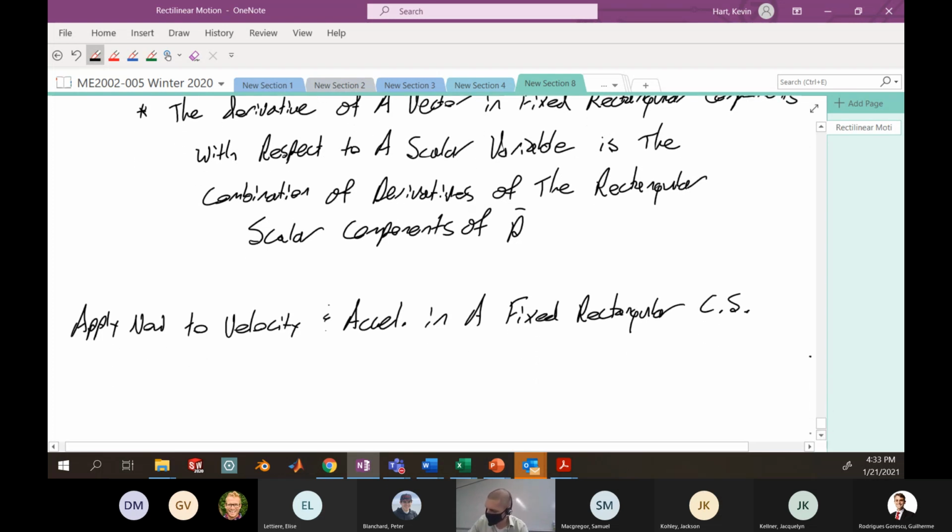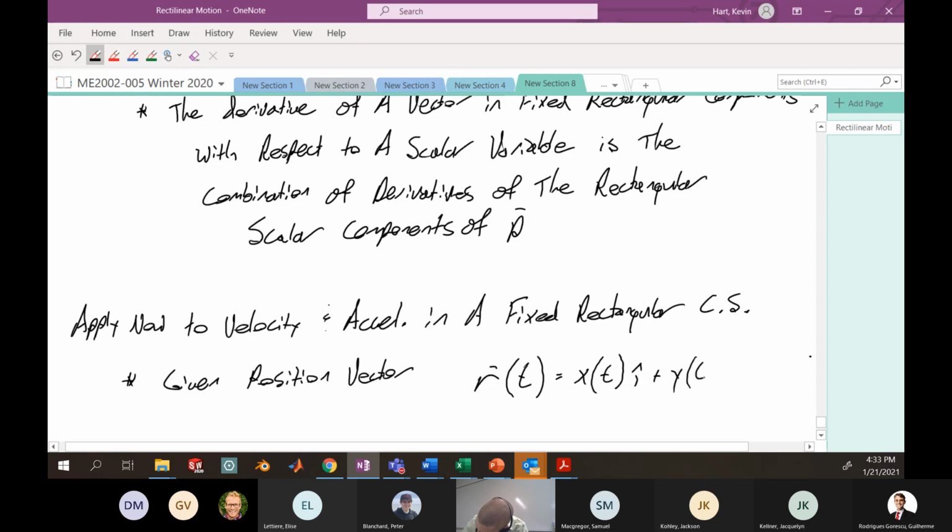Okay. So given a position vector r, which changes with time, which here is some x coordinate as a function of time in i, plus some y coordinate as a function of time in j, plus some z coordinate in k.